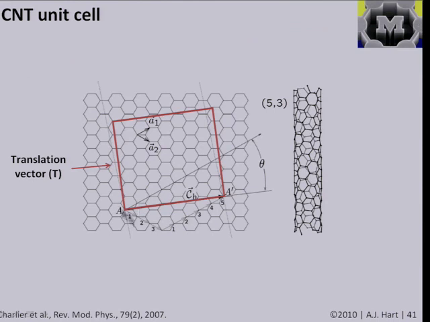And that unit cell can be bounded by a rectangle on the hexagonal sheet, and by knowing CH and enforcing a restriction that the translation vector, or the other side here, is perpendicular to CH, you could derive the vector notation for the translation vector, and then you could calculate the area of the unit cell, and then you could calculate the number of atoms that are included in the unit cell of the nanotube, and then you could find the number of atoms per unit length and so on.